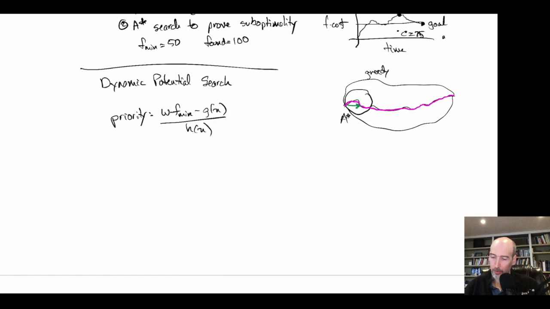And let's talk about what's going on here to understand this. So the first thing we see is that Fmin is this lower bound on the optimal solution cost. Okay, so we're going to maintain this lower bound. And that means that we're going to have to re-expand states so that, as we'll prove in the same way I proved for weighted A star in the last video, when we re-expand states, they will always have the minimum estimate for the F cost.